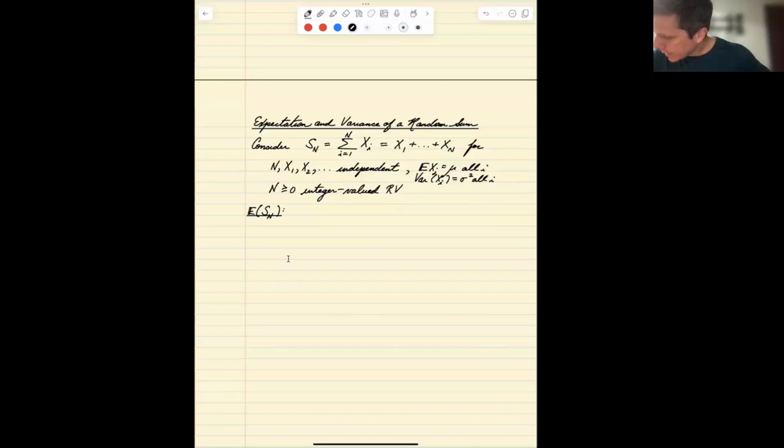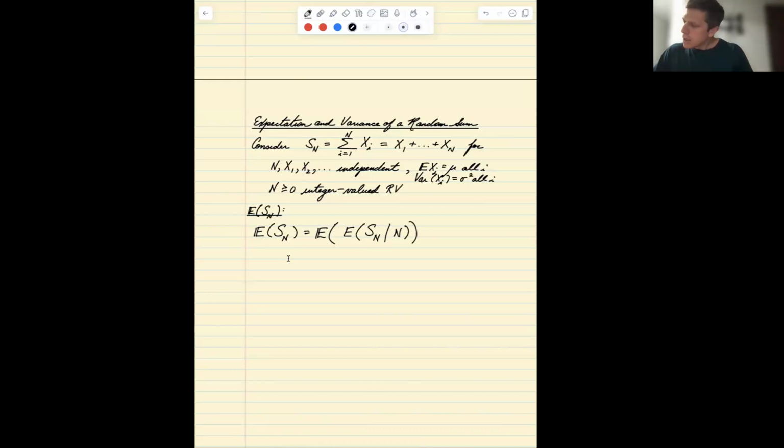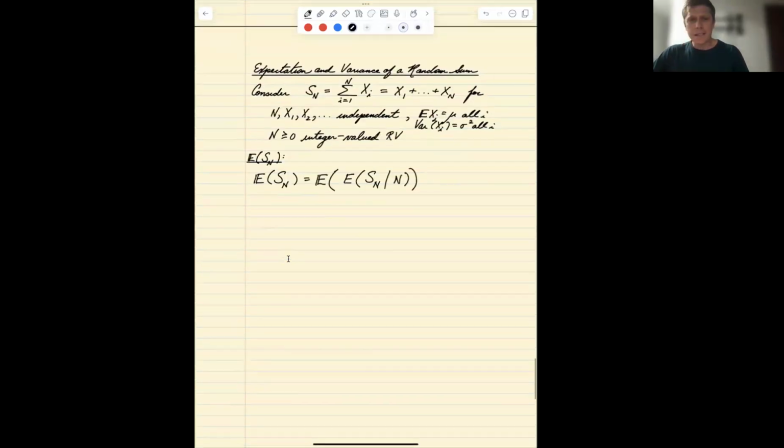Well, the expectation of S sub n, we can easily do now as it's the expectation, by the Tower property, of the conditional expectation of S sub n given N. Given N, the expectation of S sub n is N times the expectation of X1.